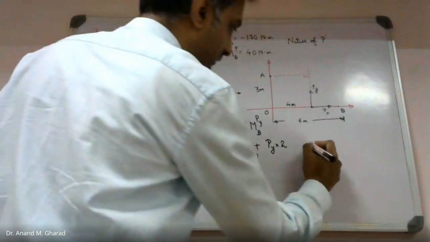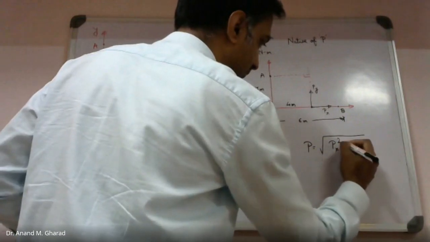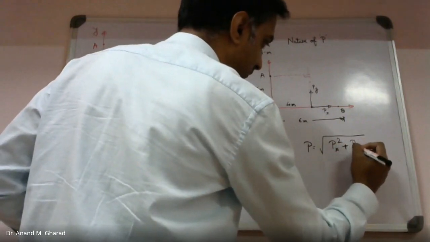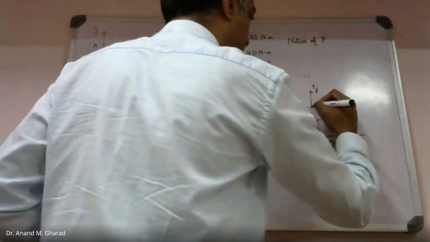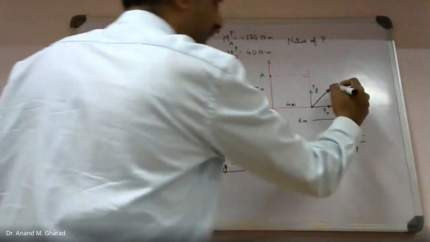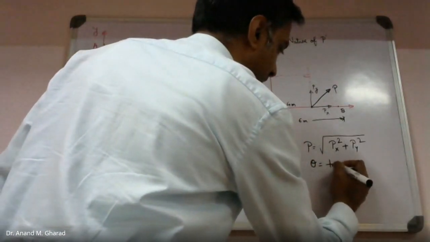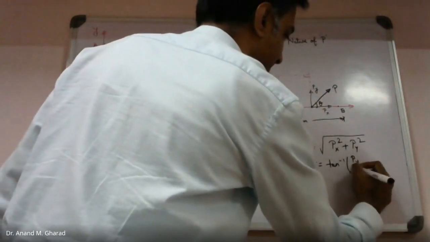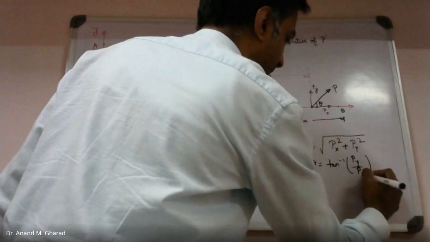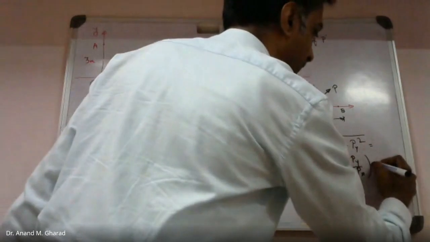To calculate the final P value, it shall be nothing but under root of Px square plus Py square, because you can see this P is nothing but the resultant of these two forces, isn't it? So this is your P value, and you can even calculate the theta, that is Py by Px. Can you please let me know what will be the final P value and theta value?